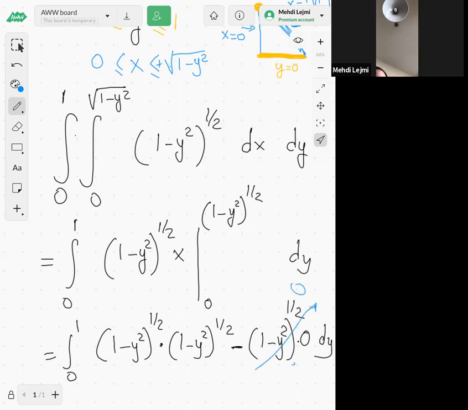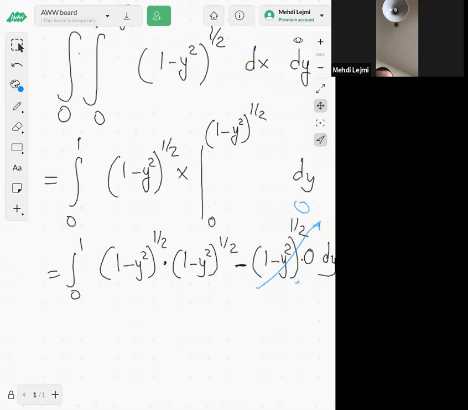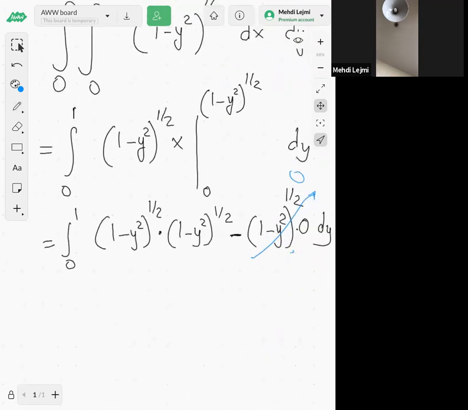Now we've got 1 minus y squared to the power half times 1 minus y squared to the power half. You add the powers, half plus half, that will be 1. Which is good news, because now it's just 1 minus y squared to the power 1, so it's 1 minus y squared, dy.